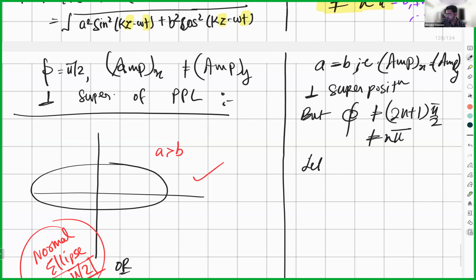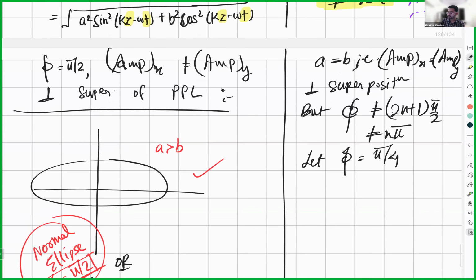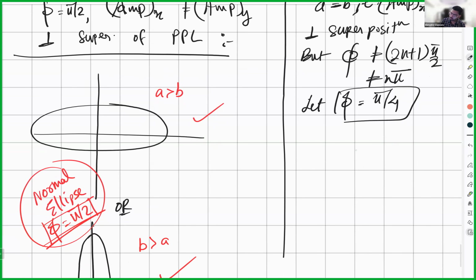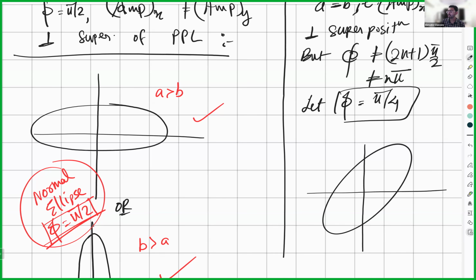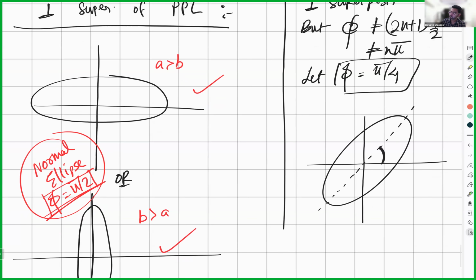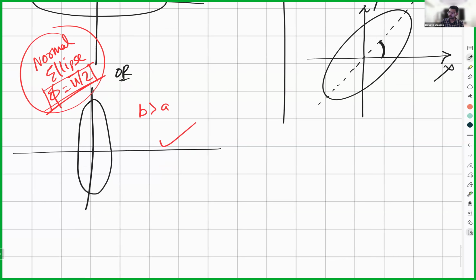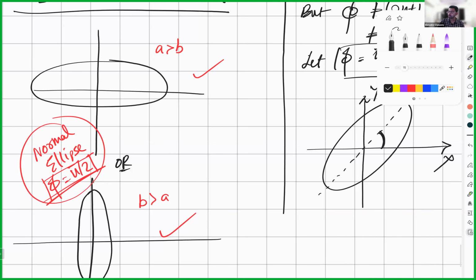So let phi be pi by 4, for example. So now you will get an ellipse of this kind, where the semi-major axis is tilted with respect to the x-axis. So this is called a tilted ellipse.